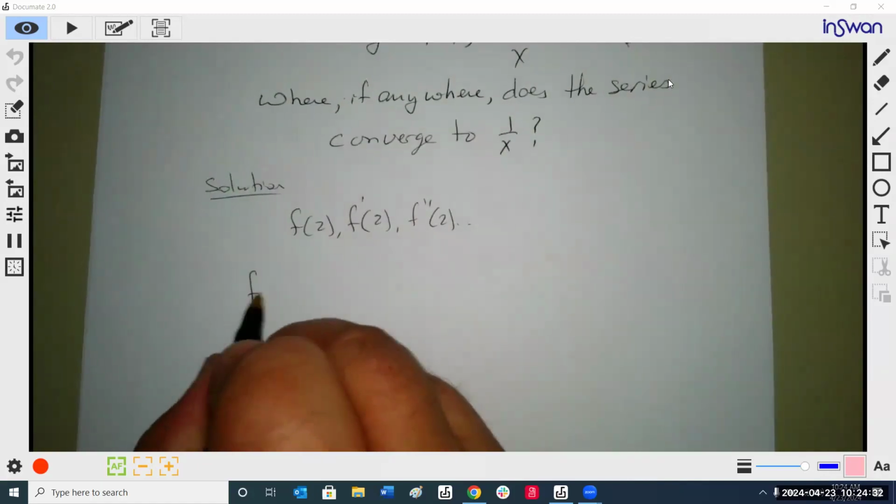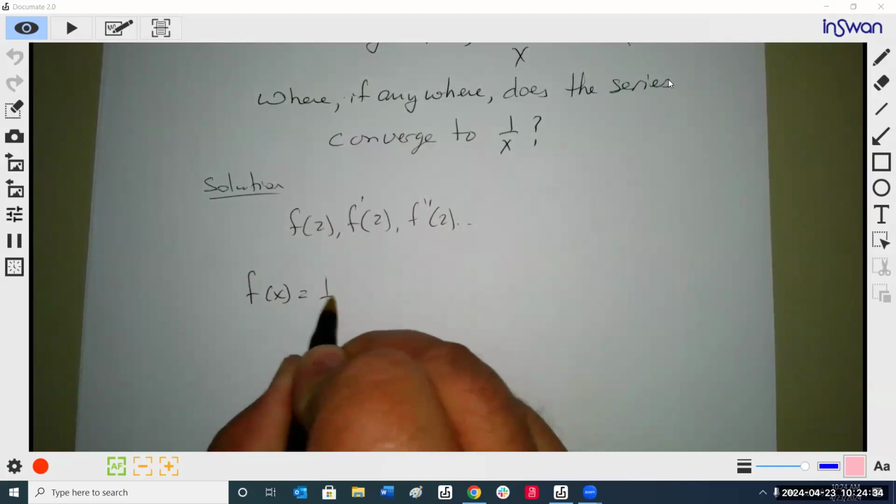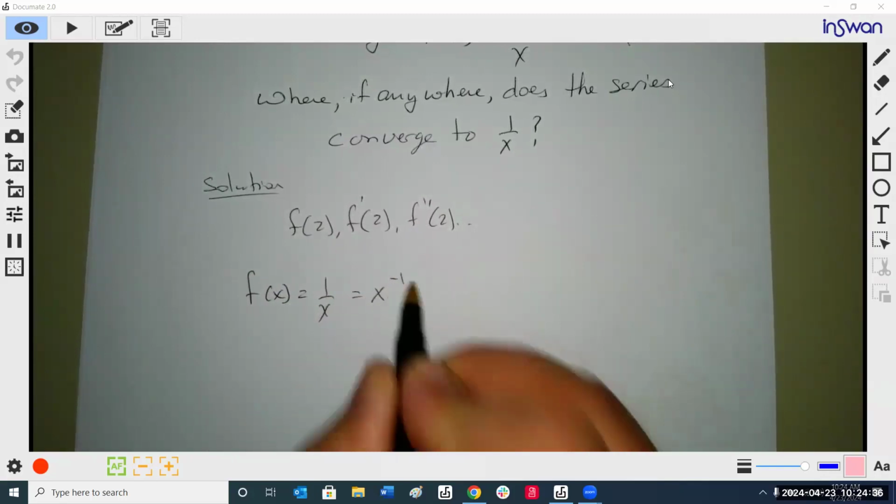So our function we start off with is f of x equals 1 over x, which is x to the power negative 1.